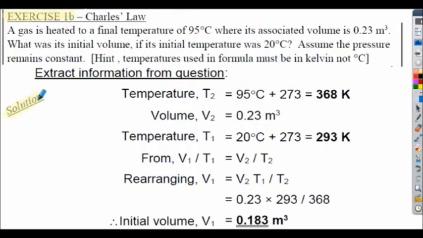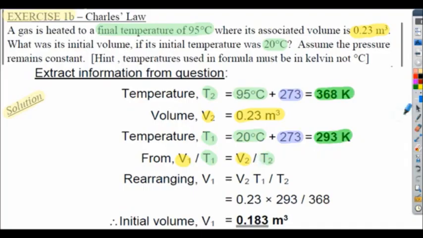Exercise 1b, solution. Extracting information from the question, we've got our final temperature is 95 degrees C, so that's T2. We've converted that here by adding 273 to the temperature to determine our final temperature in K, final volume V2 in this case 0.23 meters cubed, and we're given the initial temperature, 20 degrees C, and again that's converted into K. I've shown the formula for Charles' law on one line here, V1 divided by T1 equals V2 divided by T2.